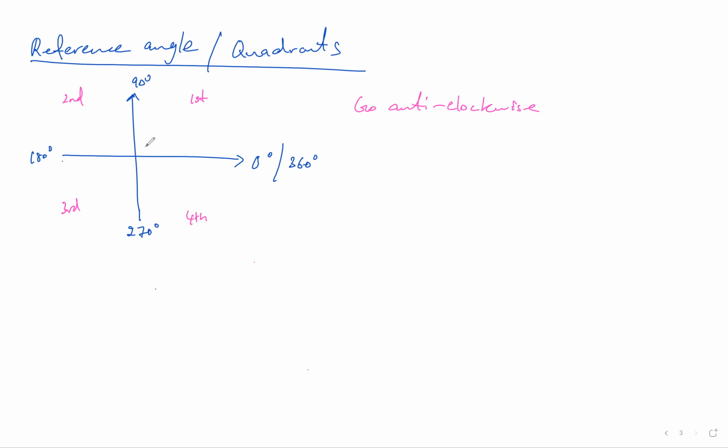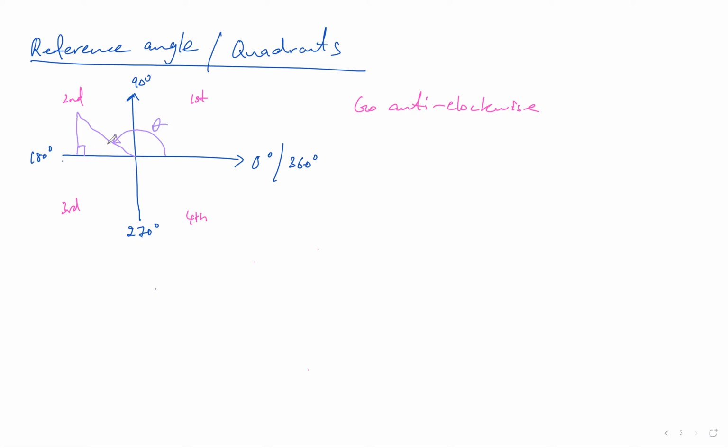Okay, so if in the first quadrant, let me use a different color. If it's in the first quadrant, then this is your theta. If it's second quadrant, then you draw your right angle here. This time your theta is from here to here.